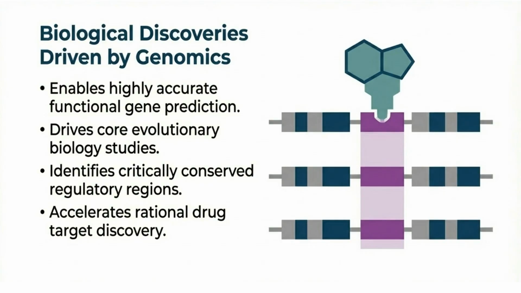Comparative genomics can also support drug discovery by identifying protein regions or pathways that are essential across organisms. This can highlight vulnerable biological targets with strong functional importance. If you look at the slide, the message is that comparative genomics does not just describe evolution, it actively generates biological insight.